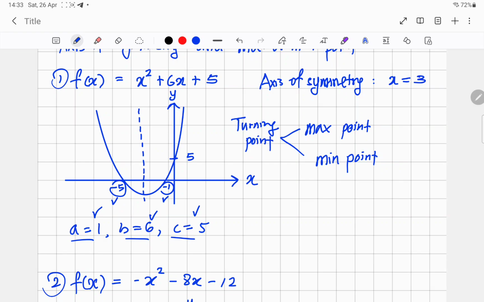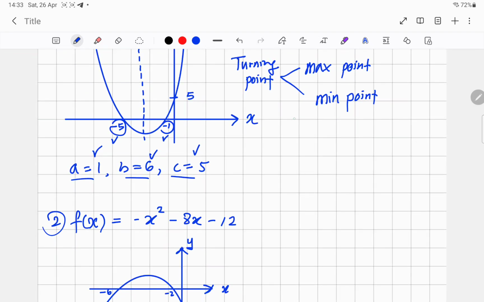Turning point means that, for example, for a graph like this, when you draw the graph, it is going down, then at one point it turns and goes up. So this point is a turning point. But for a turning point, you have a max point and a minimum point. It depends on the shape of your graph.